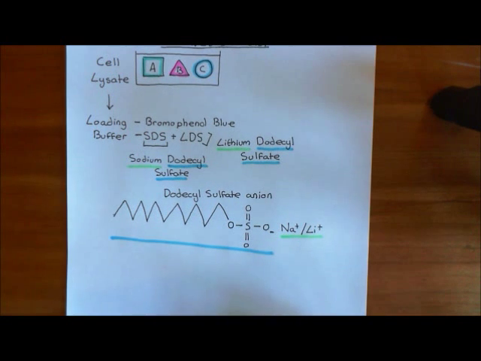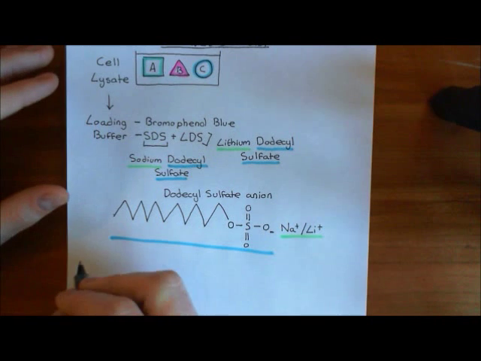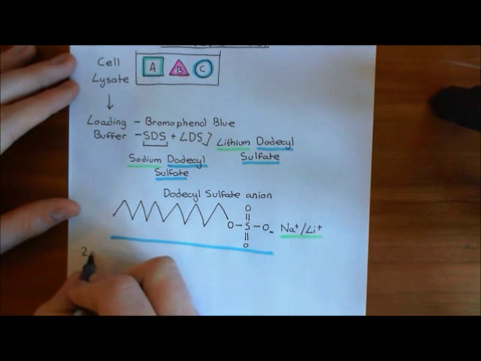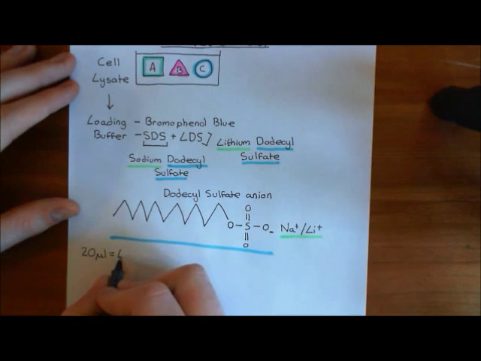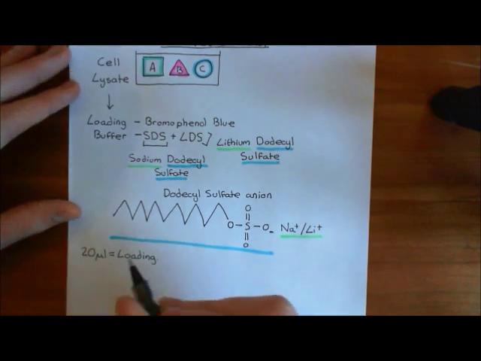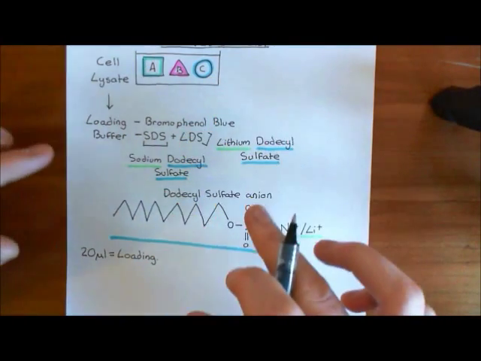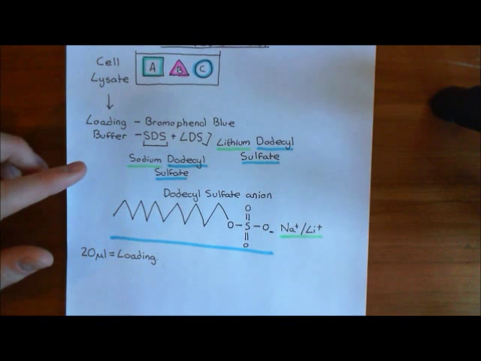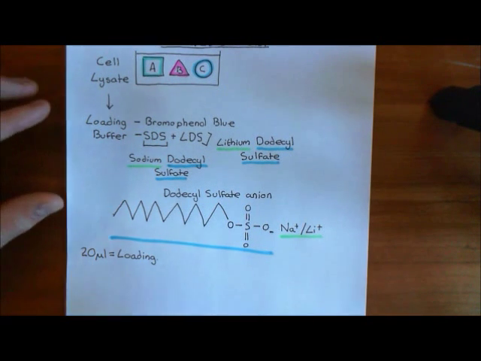Okay, now basically you have a certain sized well that you are going to fill, and these wells accommodate 20 microliters generally, so the loading volume is generally around 20 microliters. Okay, so your samples that you're putting in will contain the cell lysate, the loading buffer, and also one other thing, which is your reducing agent, which I'll come to in a moment.